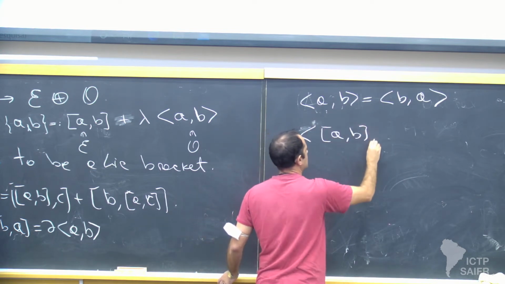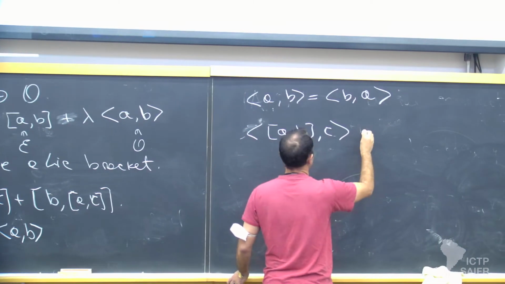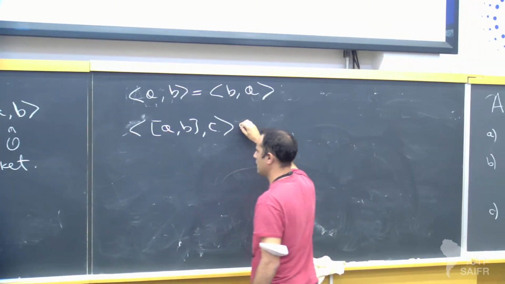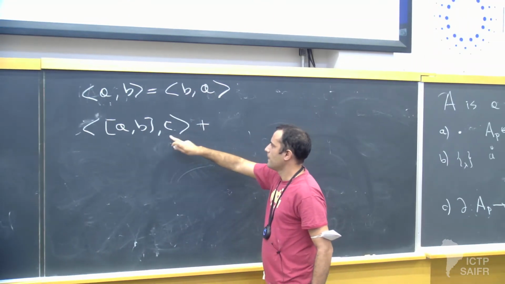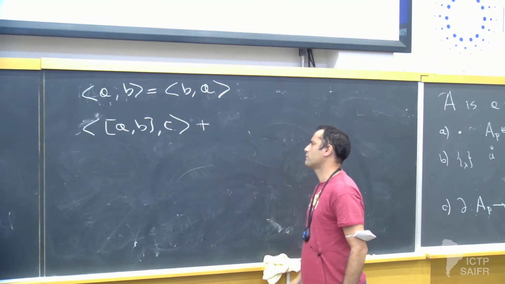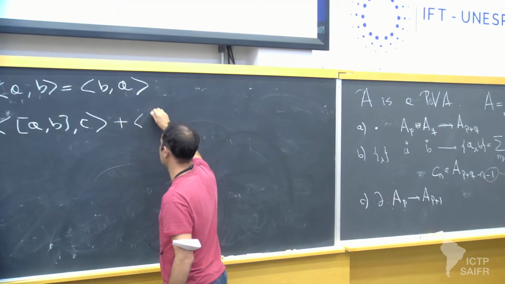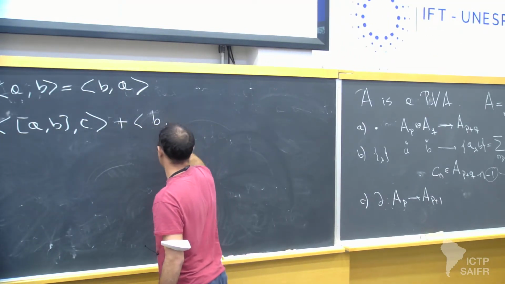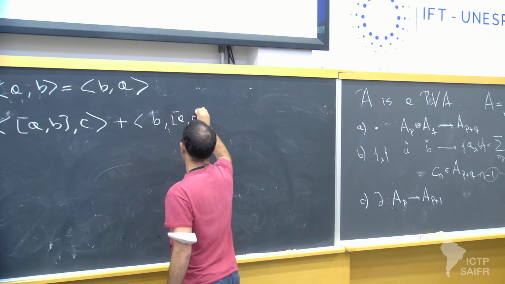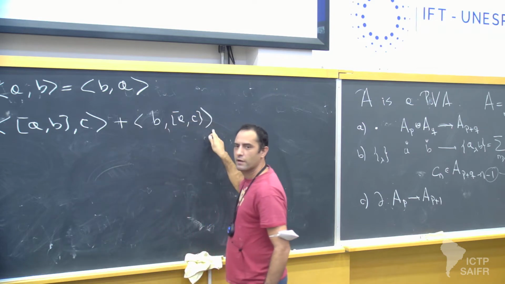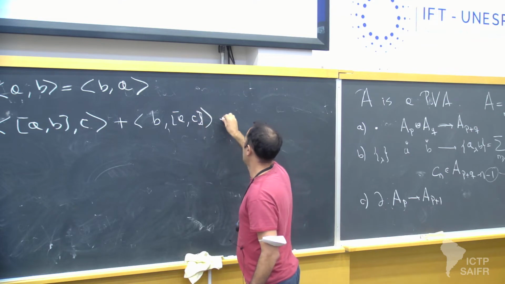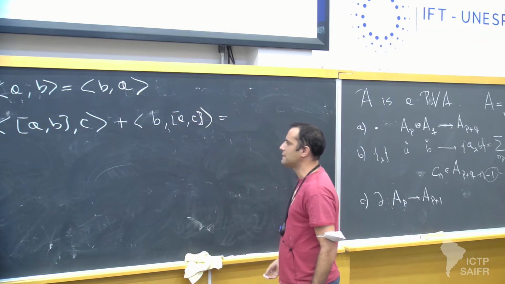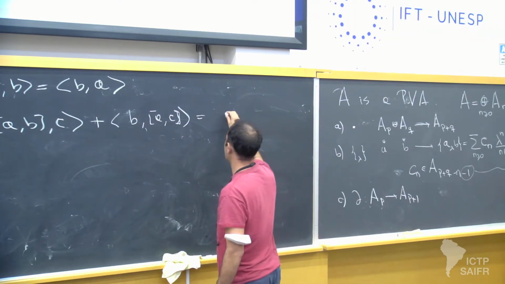A, B, C. I might get this wrong. Typically, you would get, let me see how I'm going to write this. So I think I want to write it this way. If you do B with AC, you would say that the pairing is invariant if this is 0, but this fails to be 0. And this fails by D of something that, of course, I'm going to forget what it is.